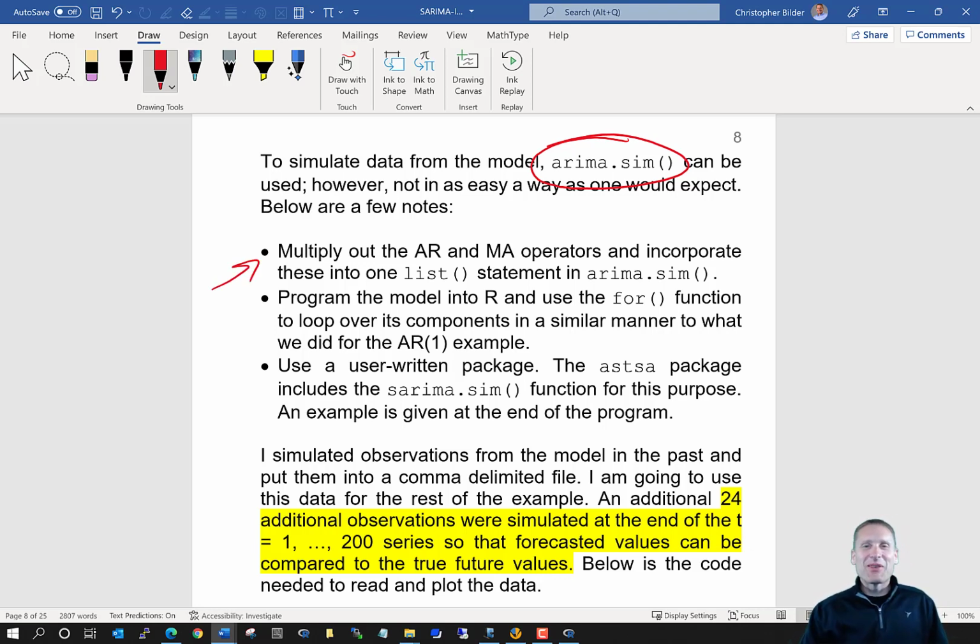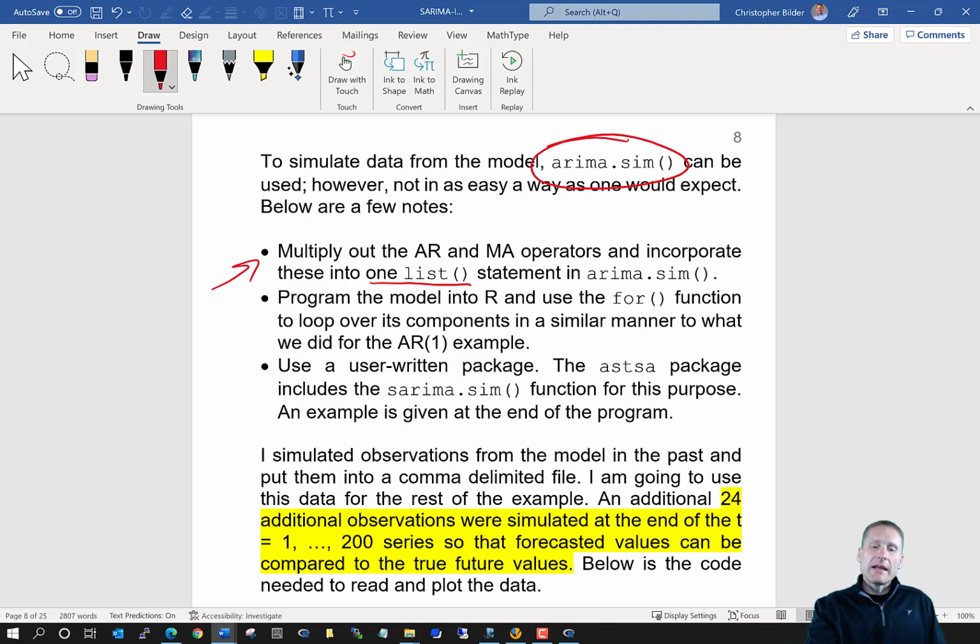Similar to what we had with the ARIMA ACF function, we need to actually multiply out the corresponding AR and MA operators, include zeros for coefficients on B when they didn't necessarily appear in the model, and then one can use the list statement in ARIMA.sim to specify the model as we've done before, but with these additional 0 parameter values for the phis and for the thetas.